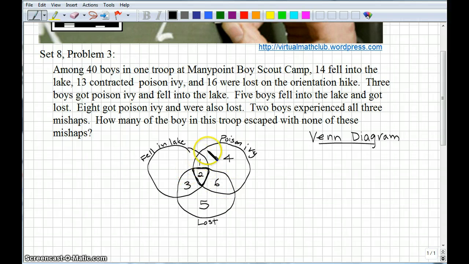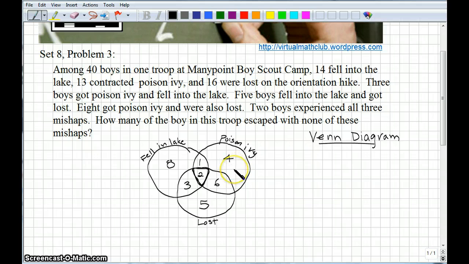And finally, how many boys fell in the lake? 14 boys fell in the lake, and we already have 6 accounted for, so we need 8 more. So 8 more boys fell into the lake only. Alright, so now we have all the boys that had some kind of mishap happen to them accounted for. So we can find out how many boys had mishaps by just adding up all these numbers.